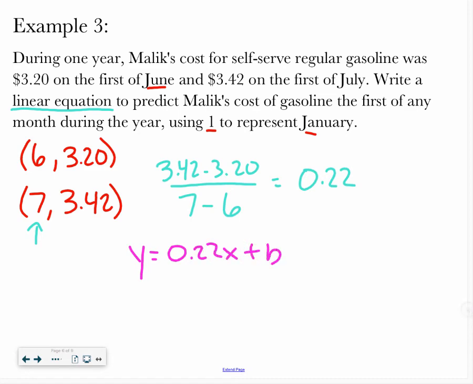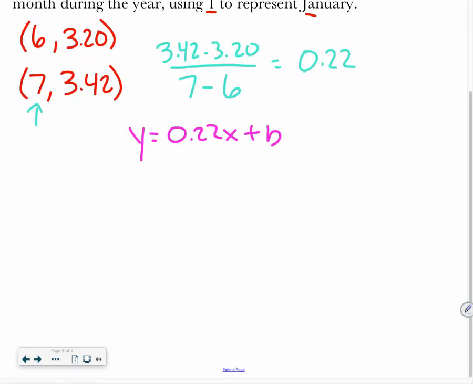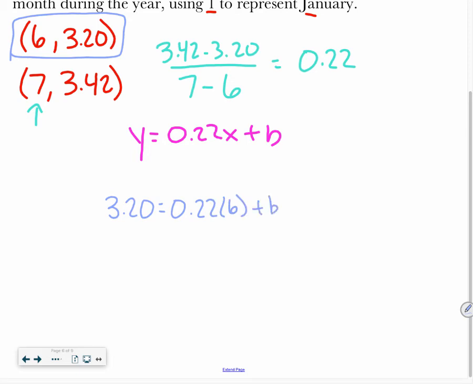So what's my b value going to be? Well, if we plug one of our points in, so if I use my June point and I plug 6 in and 3.20 in, I do 3.20 equals 0.22 times 6 plus b. 0.22 times 6 gives me 1.32.